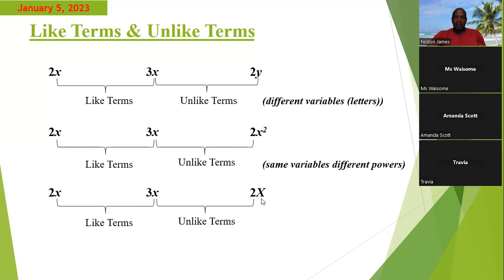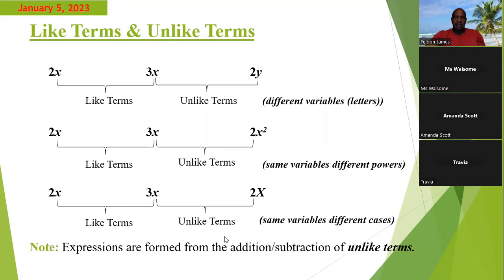Why would this one be an unlike term? It has a capital X. Right, so even though they have the same variable x, one is an uppercase letter, a capital letter, and one is a lowercase letter, a small letter. Once the case is different, they are no longer like terms, right? Same variable, but the cases are different.